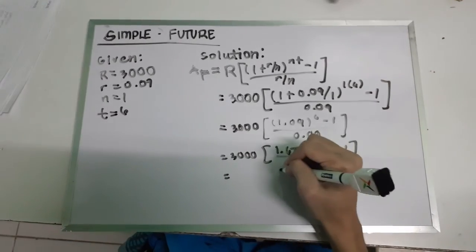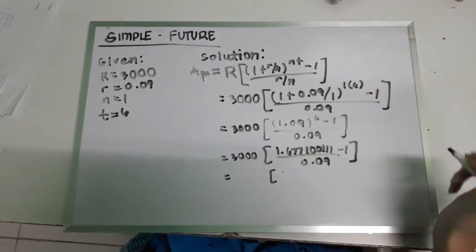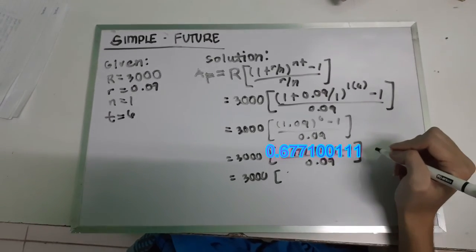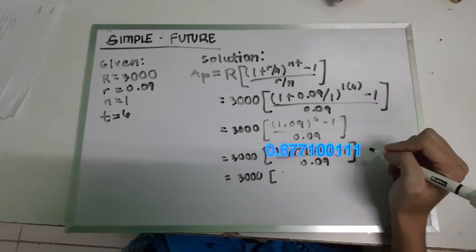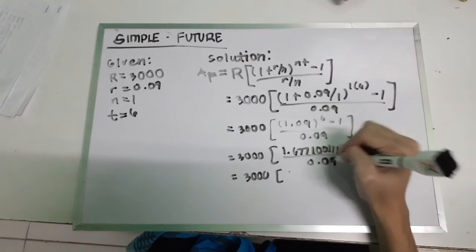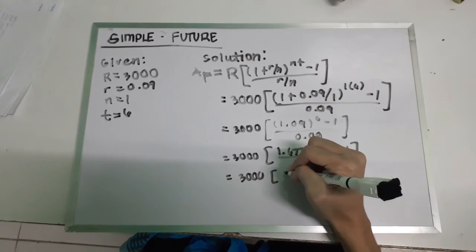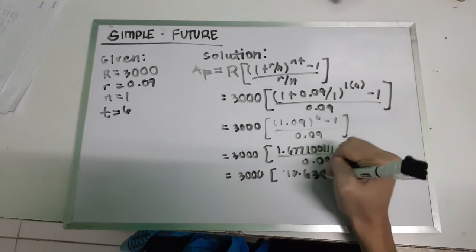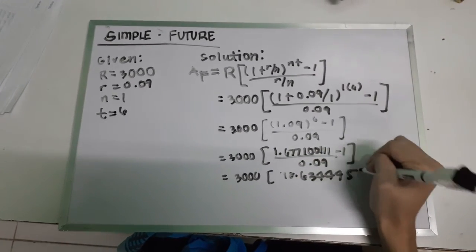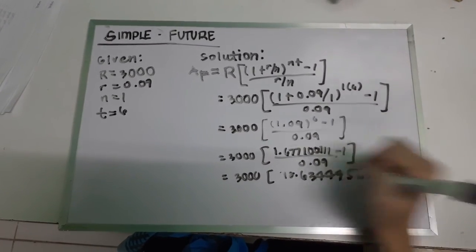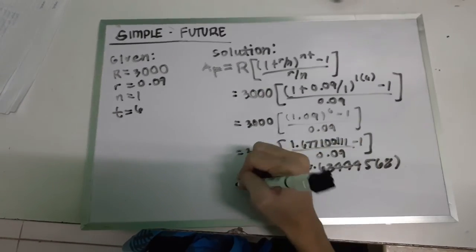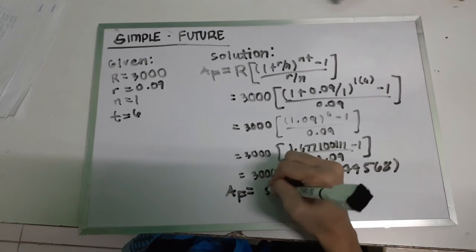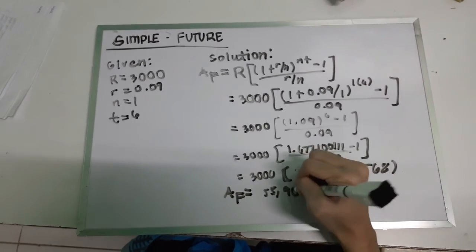And when we subtract 1 from that, it becomes 0.677100111. Divide that number by 0.09 and we have 7.52333. Lastly, we multiply 3,000 to that, and the future value of this simple annuity is 55,903.34.